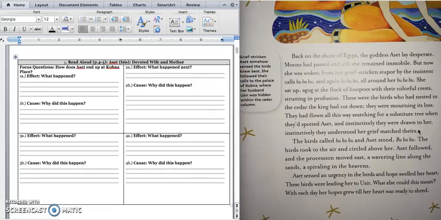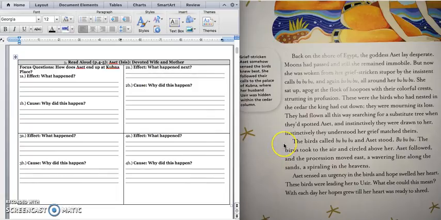The birds didn't realize that that was the same thing, but they kind of felt that they were sad about the same thing. And so you're going to underline, they understood her grief matched theirs, and you're going to write that down in the second part of 2B. Press pause to write down your answer and play when you're ready to keep reading.